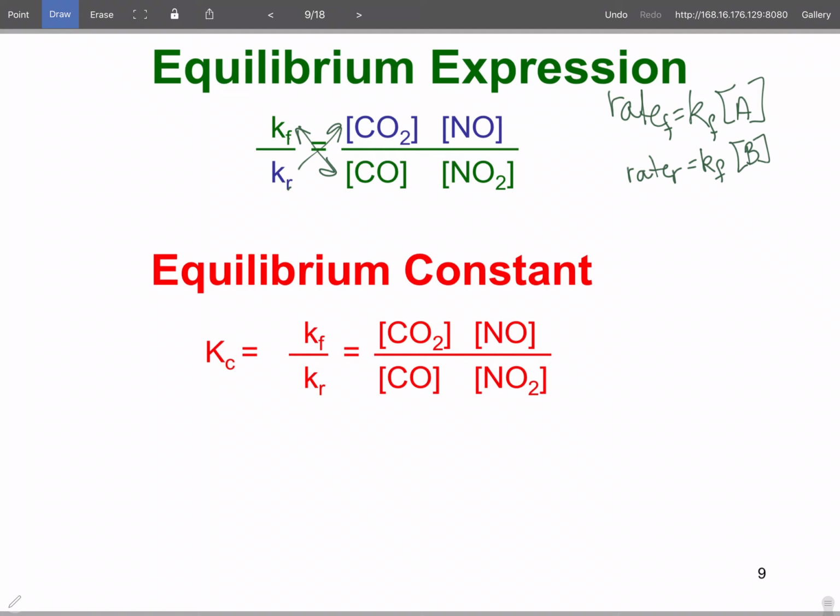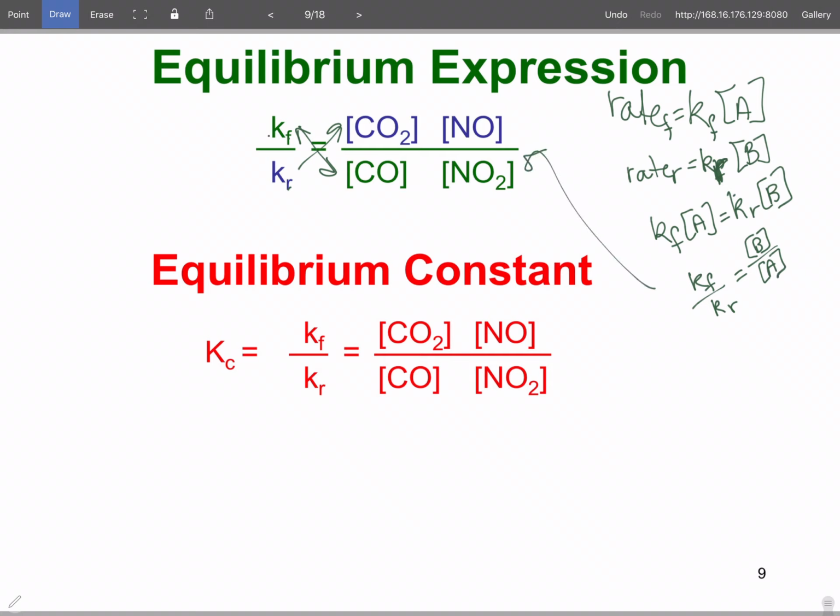We set them equal. So K sub F of A is equal to K sub R times B. So if you ratio them and you put the K's on one side, K forward over K reverse, then that means you have B over A. So that's where they get this relationship.